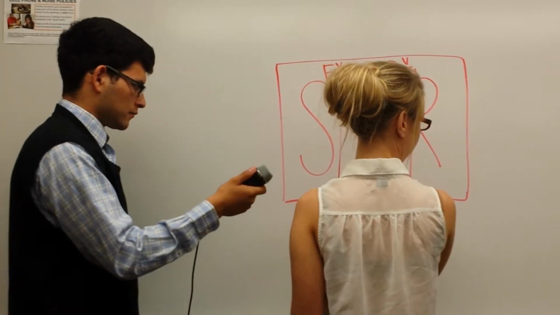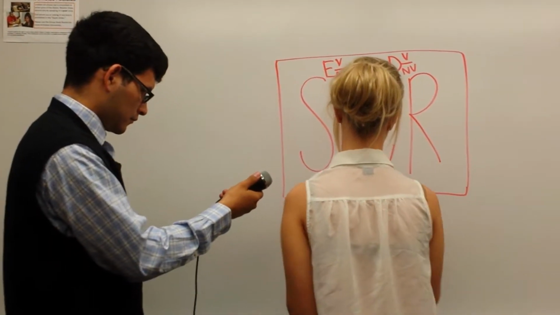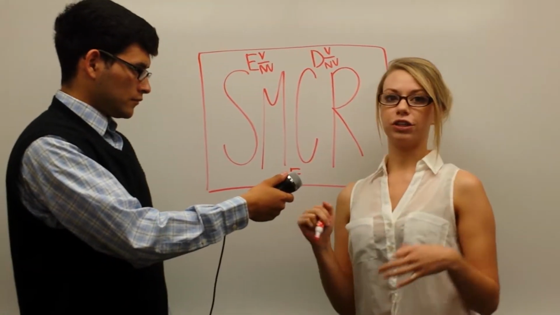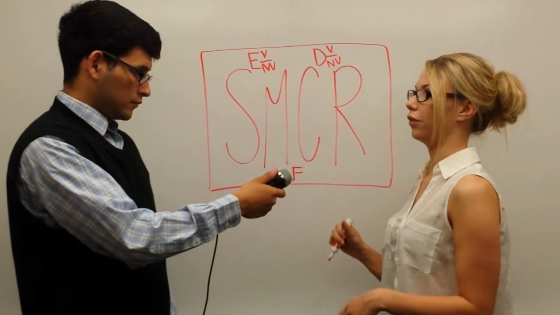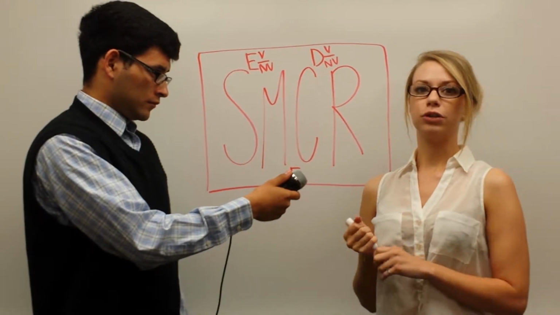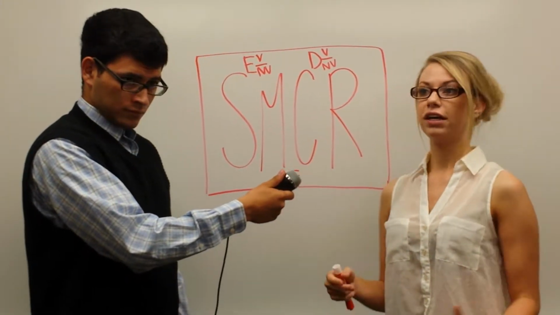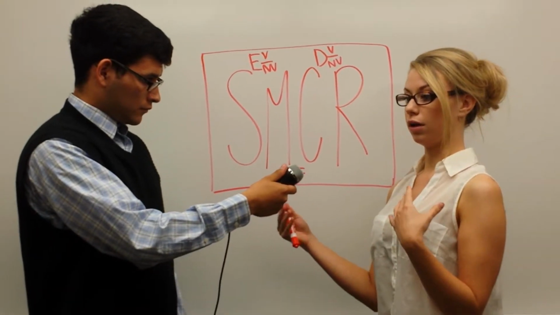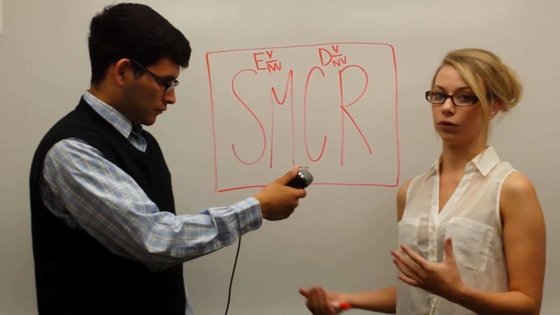And then we have the F, which stands for the fact that all human communication is a transactional process. There are actually principles of communication as well. The first is that communication cannot not take place. No matter what, we are communicating with each other, whether verbally or non-verbally.